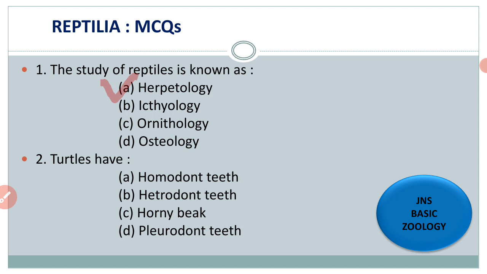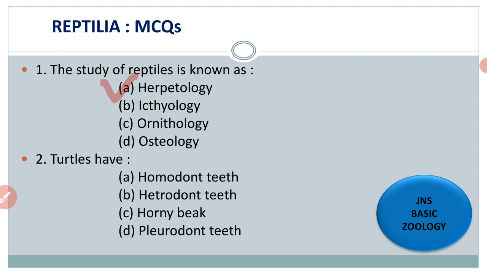Ichthyology is related with the study of fish. Ornithology is related with the study of birds, and osteology is the branch of biology in which the study of the skeleton takes place.